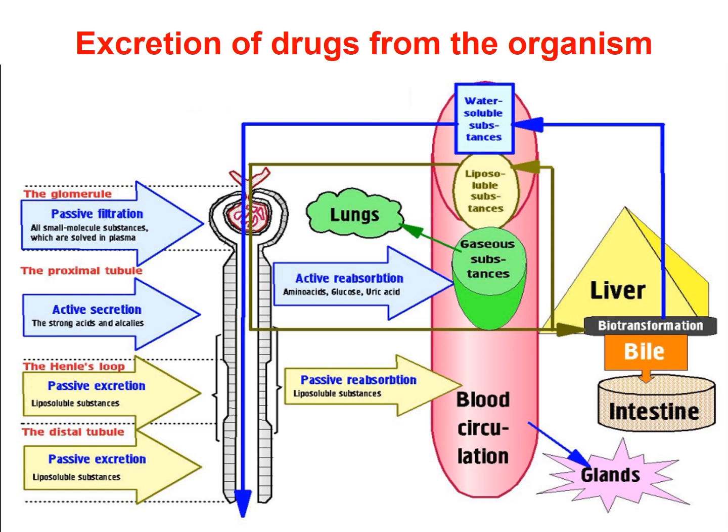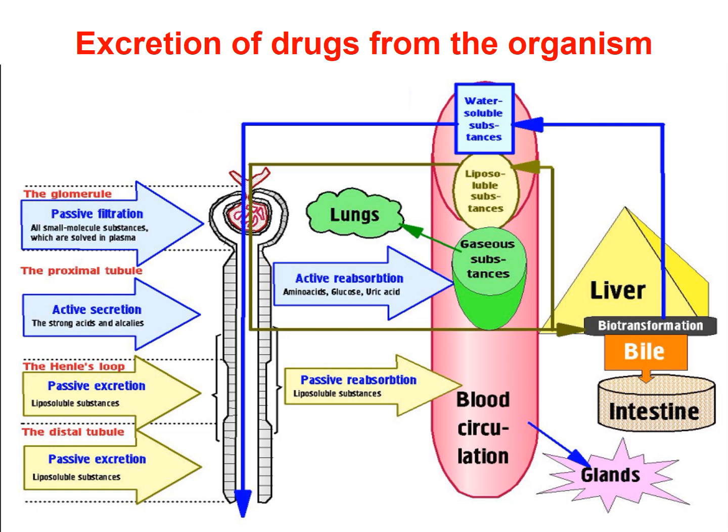So you see, in order to make the process of drug elimination more effective, the drug molecules must be converted into water-soluble substances which cannot easily reabsorb through the epithelial cells of tubules in the nephron.